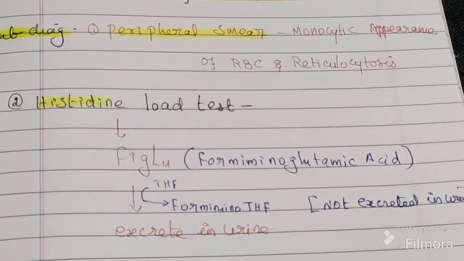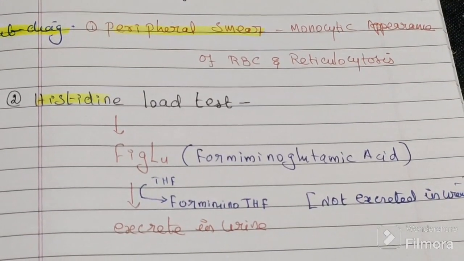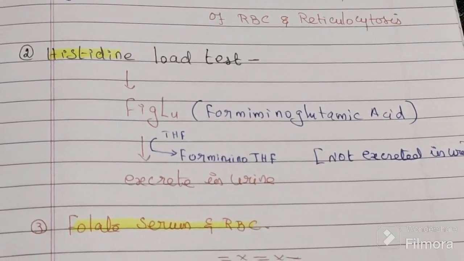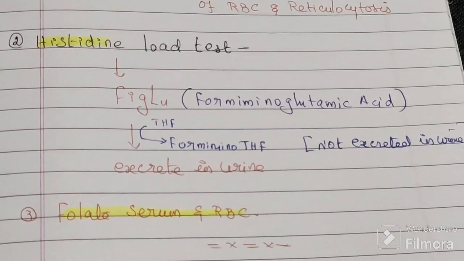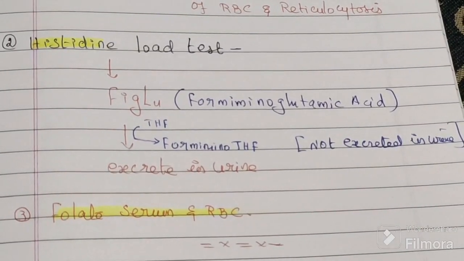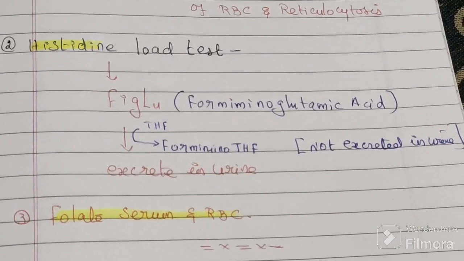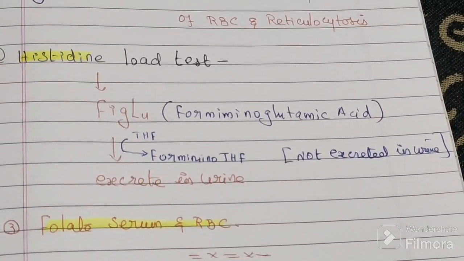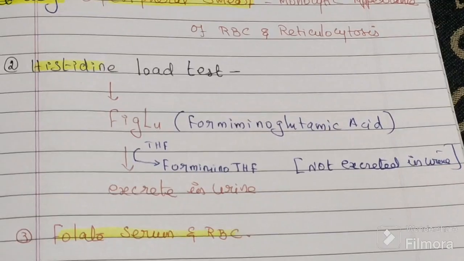Excretion of FIGLU in urine indicates deficiency of folic acid. Third important is measurement of folate level in serum and RBC. So this is all about laboratory diagnosis in a patient with folic acid deficiency, that is megaloblastic anemia.